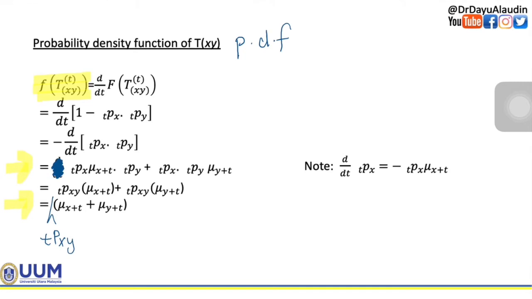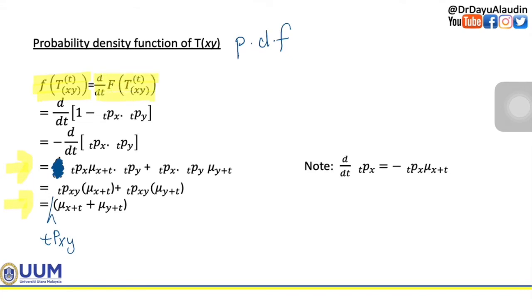Okay, so in the previous slide we derived the distribution function of T_XY. When we want to convert it to a PDF, as you know, we have to differentiate the distribution function.